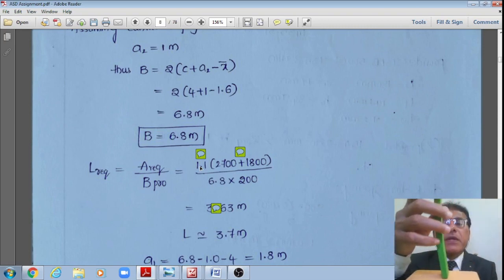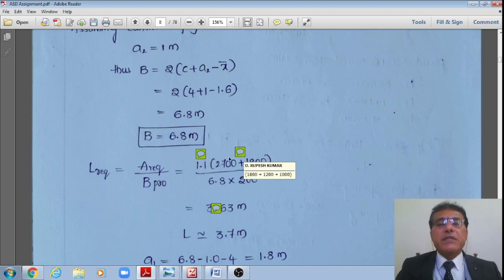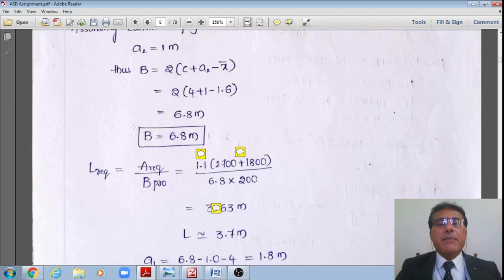However, this being a combined footing of large dimension, I'll check what the self weight of the footing is, because I'm getting a width of 6.8 meter. I'm assuming that I want to provide a length of 3.7 meter.